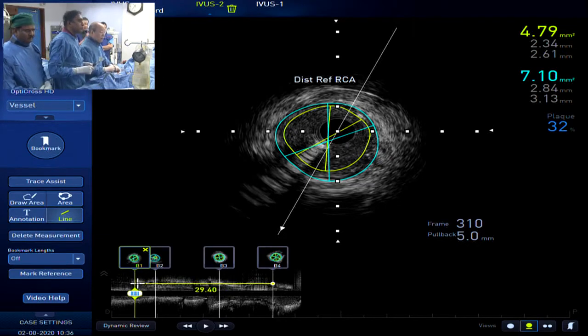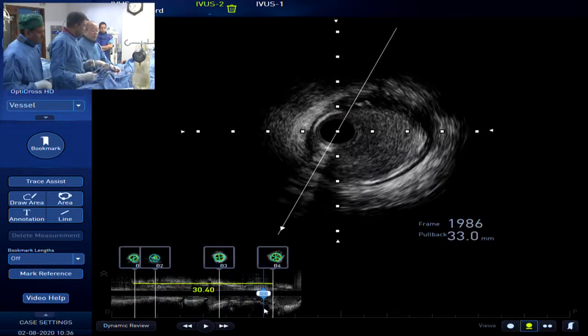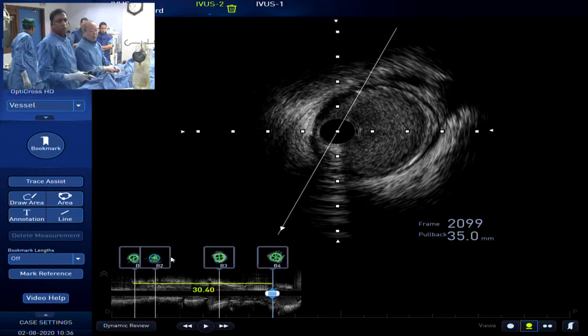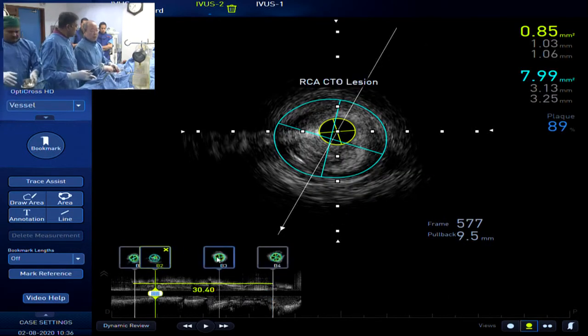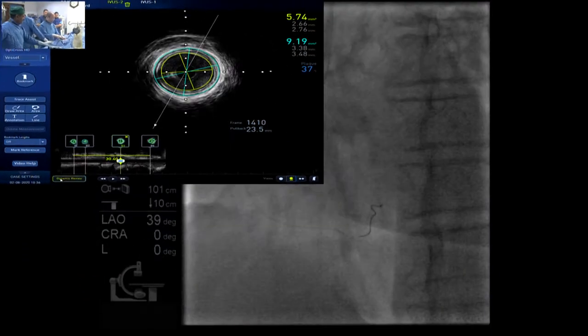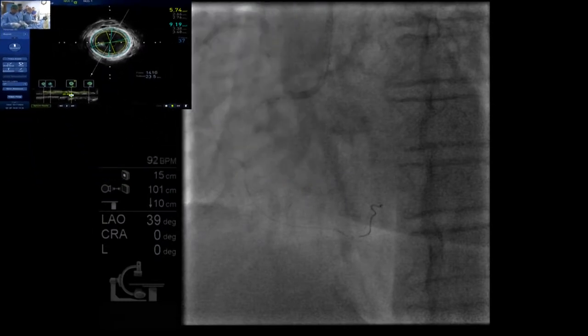So this is a long stent, and Dr. Saito is trying to go in. Do you have an extension catheter? No. Okay, so the big balloon, 2.5 balloon. You want to dilate more?